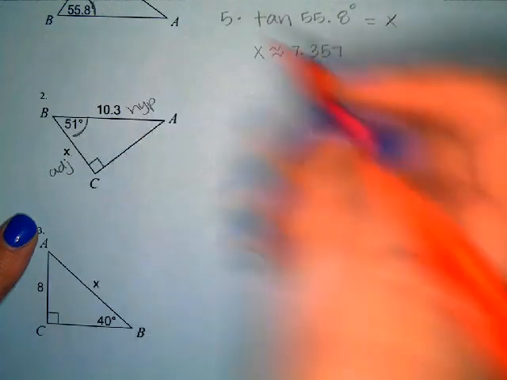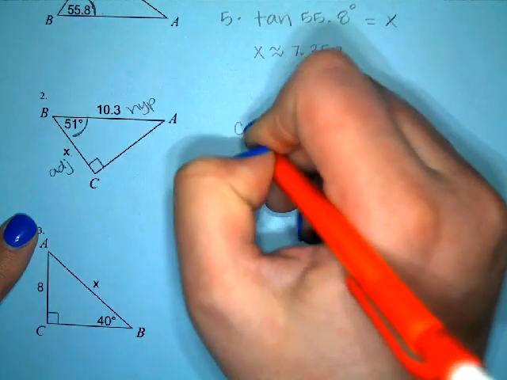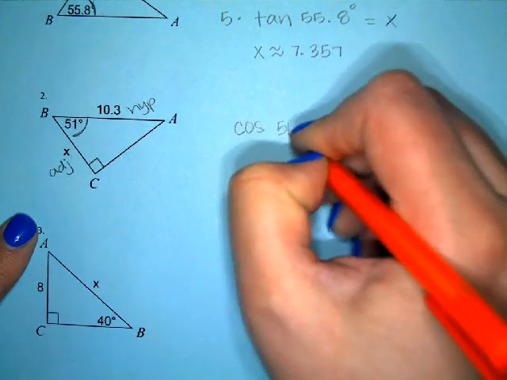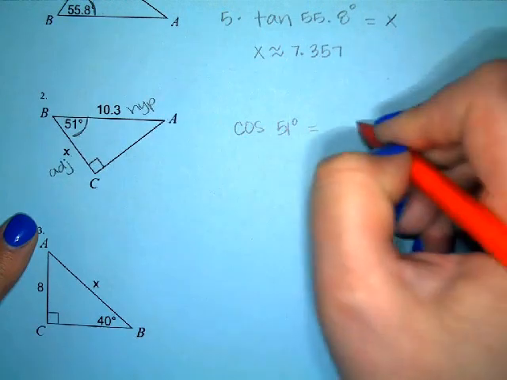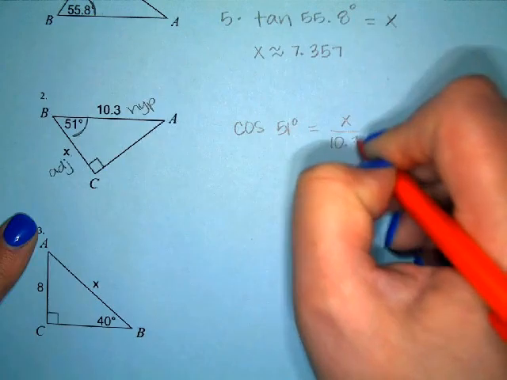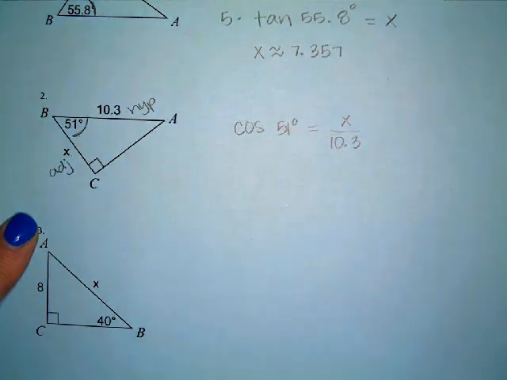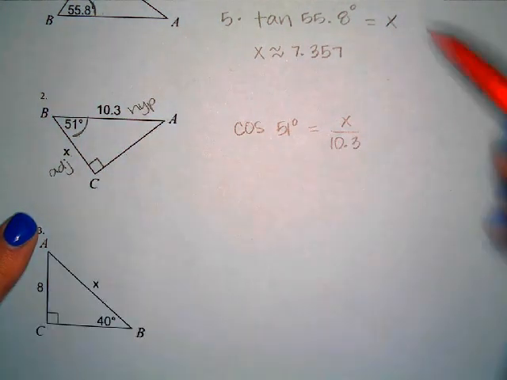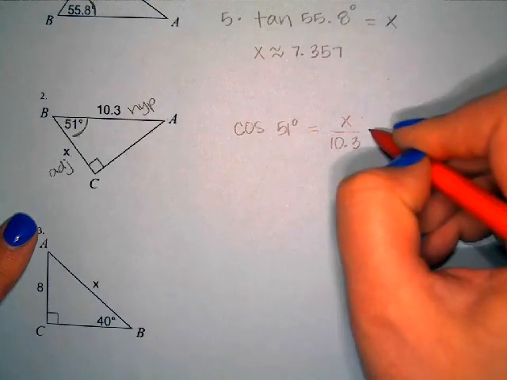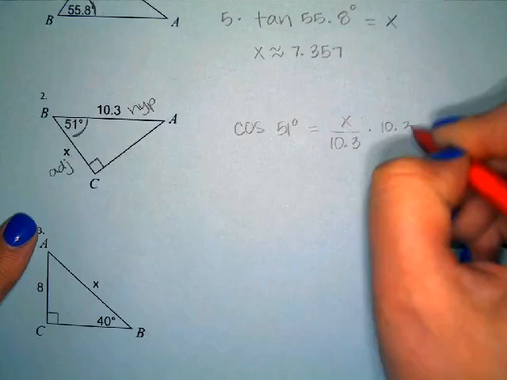All right, so cos of 51 degrees equals adjacent over hypotenuse. And then how do we get the x alone? Multiply by 10.3.